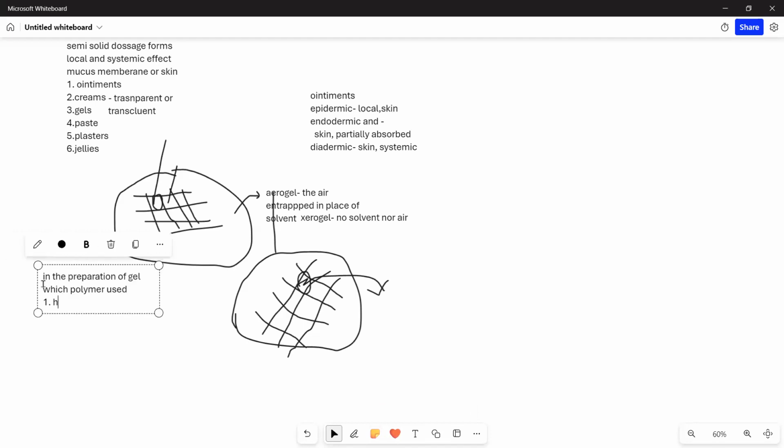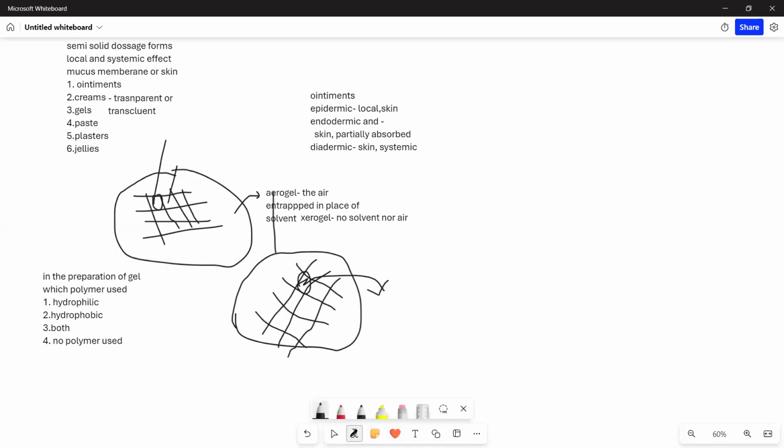One, hydrophilic; two, hydrophobic; three, both; four, no polymer used. Tell me the answer to this. In the preparation of gel, which type of polymers are generally used?